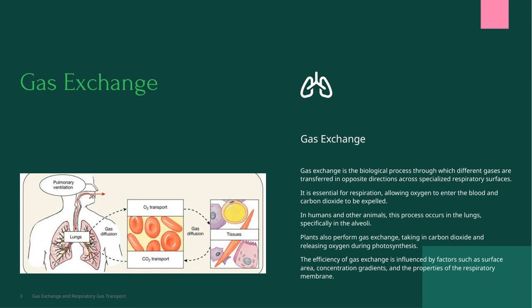More surface area means more gas can be exchanged at once, concentration gradients, which drive the movement of gases, and the properties of the respiratory membrane itself. So, understanding how gas exchange works helps us appreciate how organisms meet their oxygen needs and remove waste gases, which ties into the broader theme of how respiratory systems are adapted for survival.